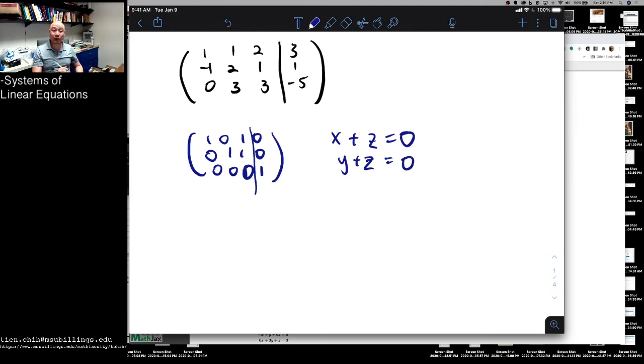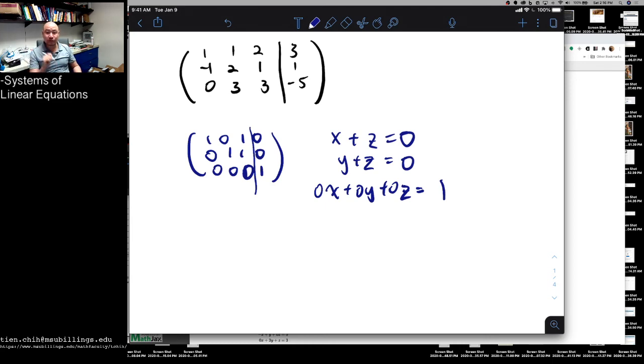And in the third row, and this is the important row, 0x plus 0y plus 0z is 1. Now this should bother you because 0x is 0, 0y is 0, and 0z is 0. So the left hand side is 0, and the right hand side is 1.